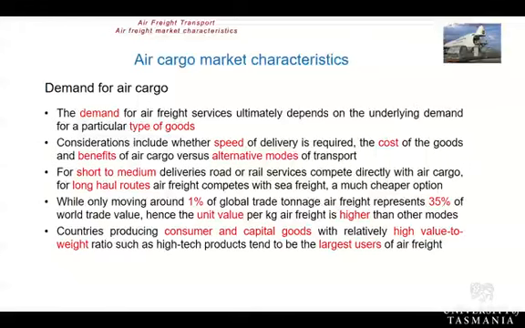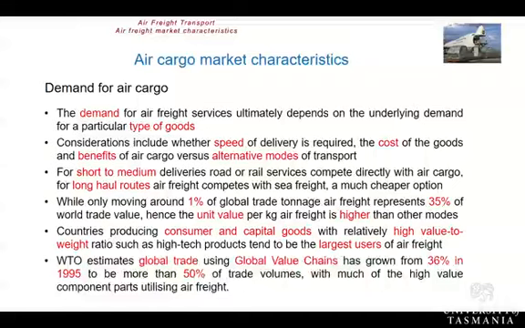So that's a logical understanding of that. And in addition to that, what's also contributing to that demand scenario and that decision around air cargo is the fact in the last 20 years we've seen global value chains move from about 36% of movement of goods around the globe to around about 50%.